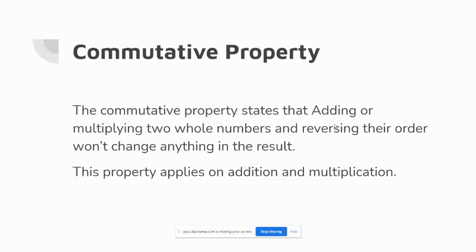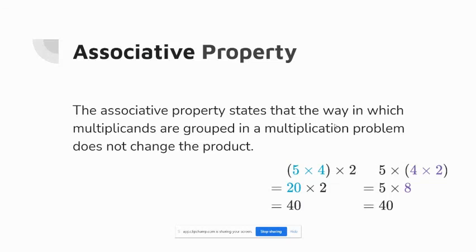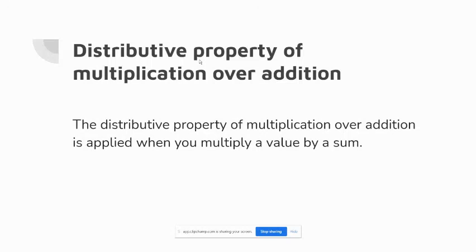This property applies to addition and multiplication. We also learned about the associative property, which states that the way in which the multiplicands are grouped in a multiplication problem does not change the product. We also learned about the distributive property of multiplication over addition, which is applied when you multiply a value by a sum.